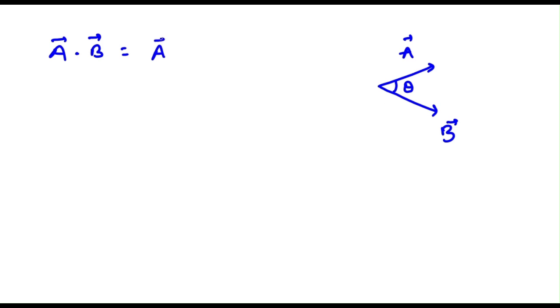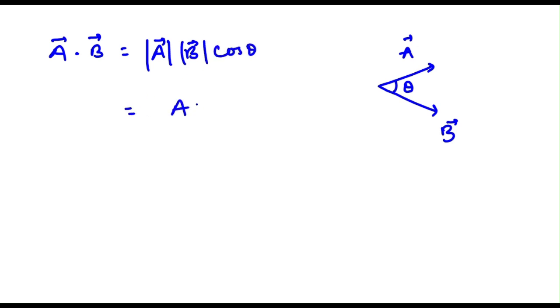So a scalar or dot product is where two vectors, let's say A dot B, are going to give us a scalar result. Let's say this is vector A and this is vector B, and if the angle between these two vectors is theta, we can write their scalar product as the magnitude of vector A multiplied by the magnitude of vector B multiplied by cos theta.